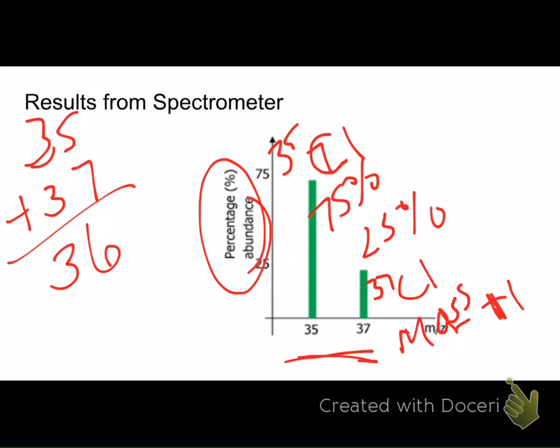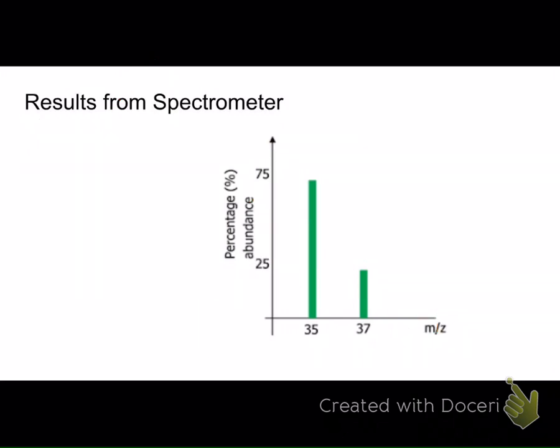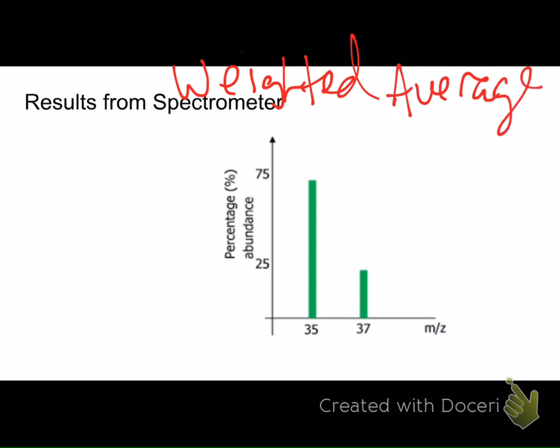There's more of the 35 ones. So the average isn't going to be right in half. It needs to account for the fact that there are more of the 35 weighted atoms. So what we need to do is calculate what's called a weighted average. Let me write that word out, weighted average. You've been doing a weighted average your whole life, you just didn't know it.